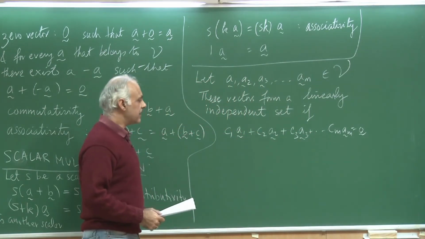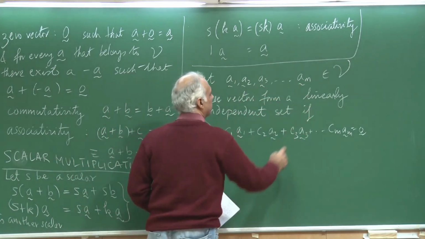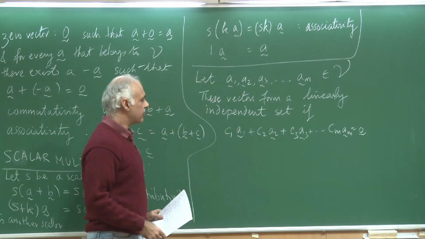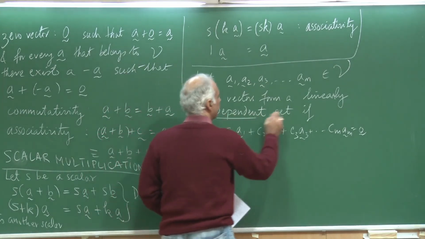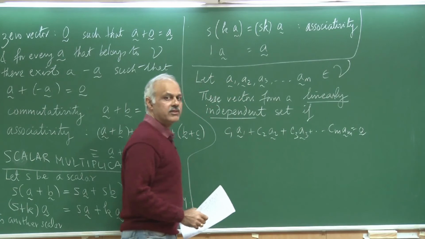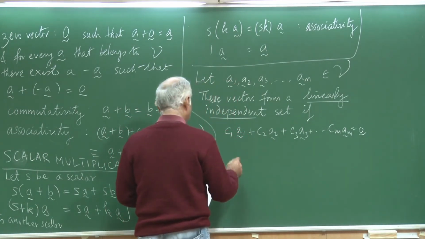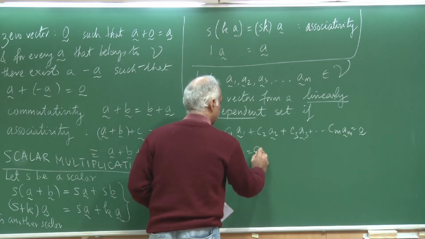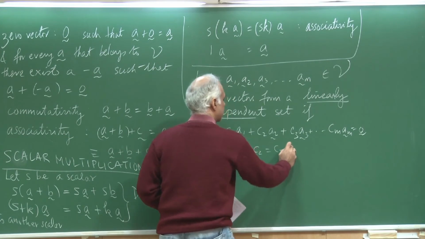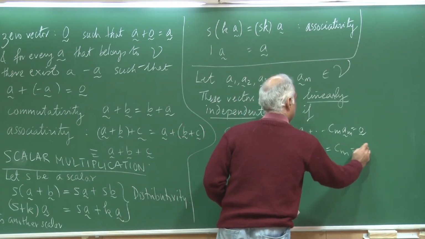So if I take the linear combination of all these vectors and set it to 0, then I can say that they are linearly independent if this happens only if C1 is equal to C2 is equal to C3 all the way to Cm, and they are all 0.